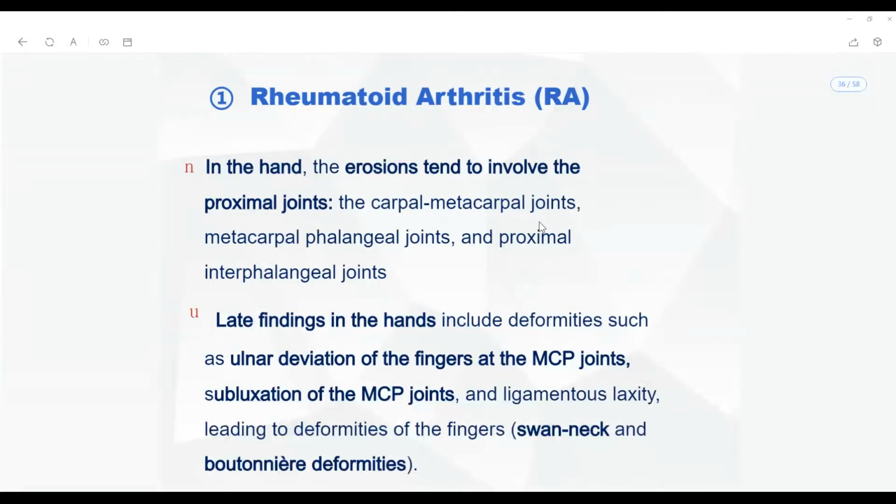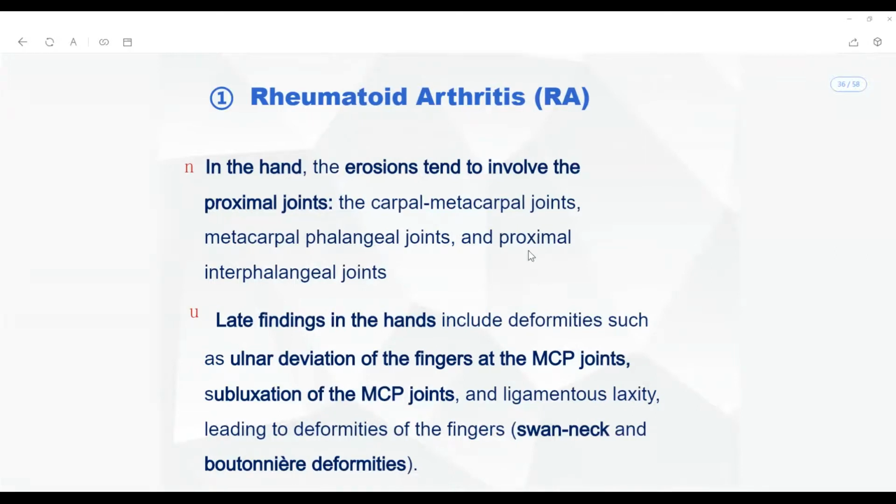Carpometacarpal joints, metacarpophalangeal joints, or proximal interphalangeal joints. Did you understand this? Only the proximal joints are involved: carpals and metacarpals, metacarpophalangeal joints, or proximal interphalangeal joints.